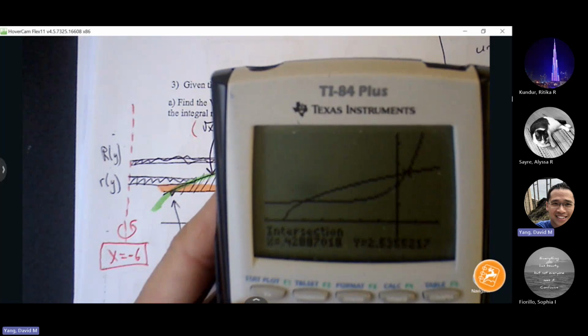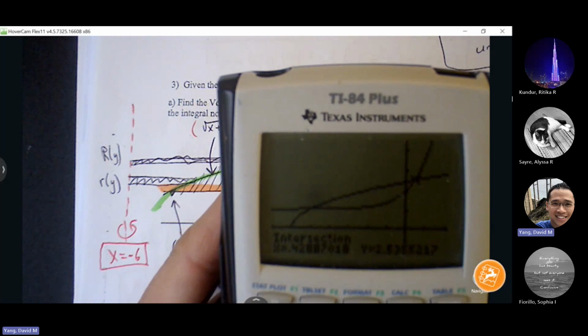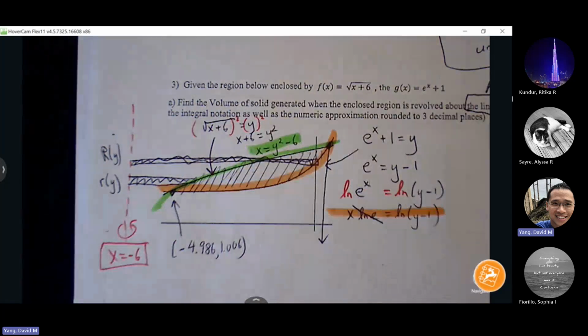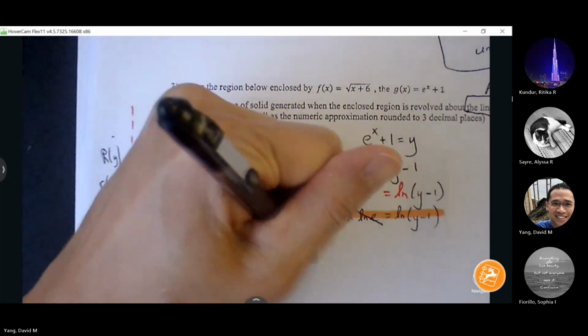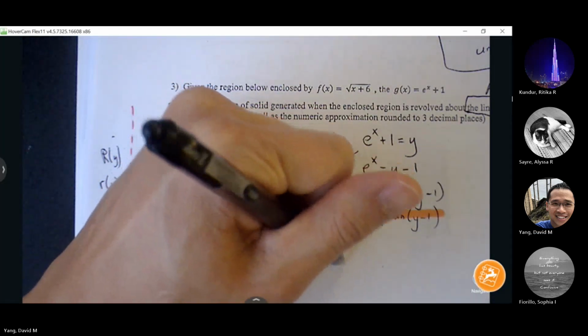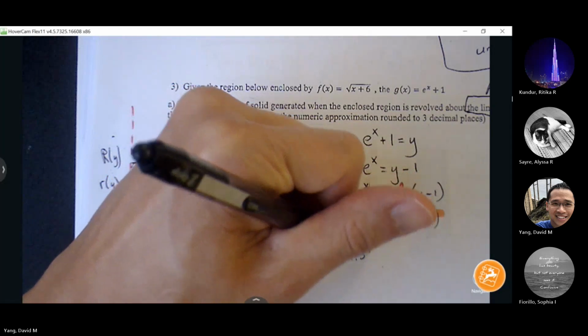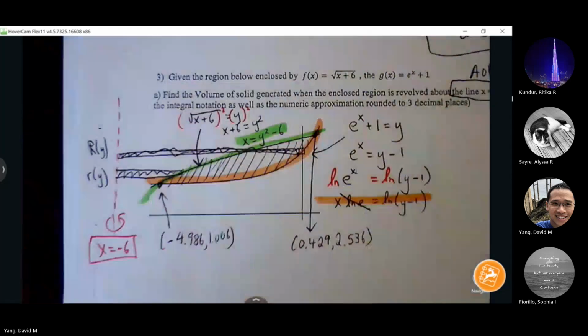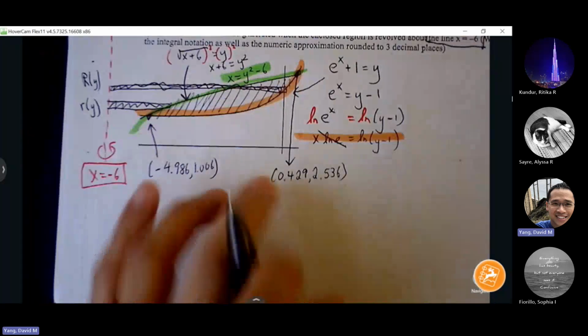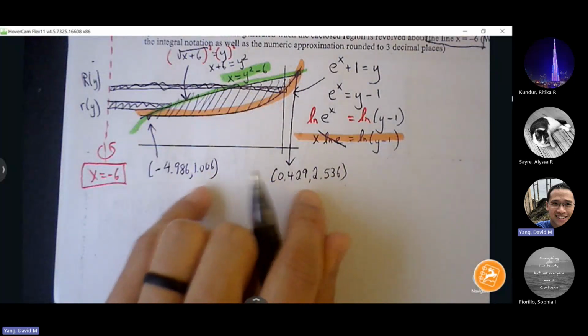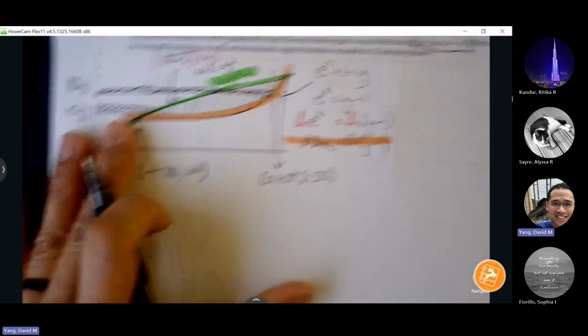Point 429 and 2.536. Okay, we didn't need the x values order pair right now, but I'm going to just go ahead and write them down so we use them later.